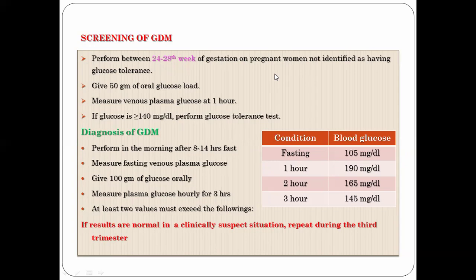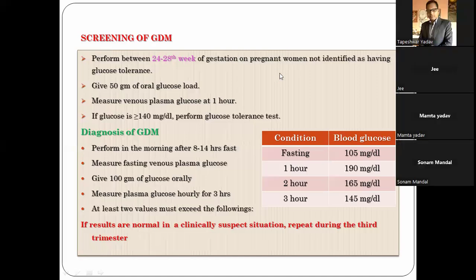Those who were absent in my GTT class, I'll send you the video. You can go through that, and you will get much more information there. And then again, give 100 gram of glucose orally. Then measure plasma glucose hourly for 3 hours.